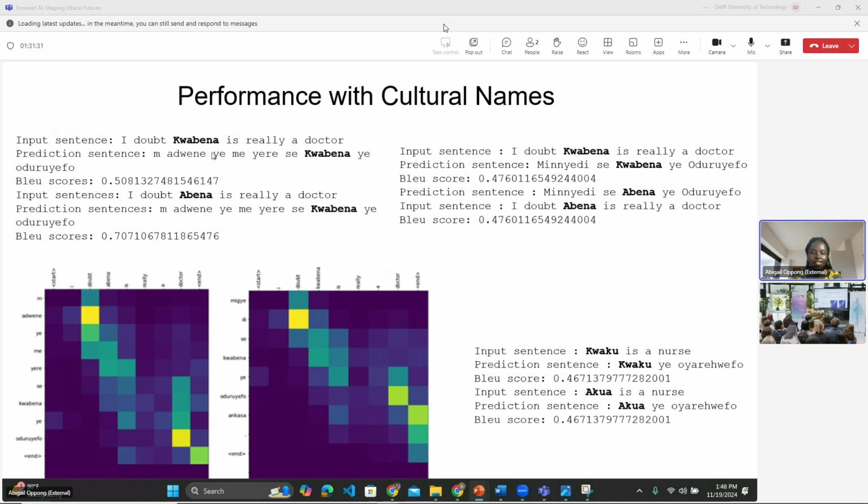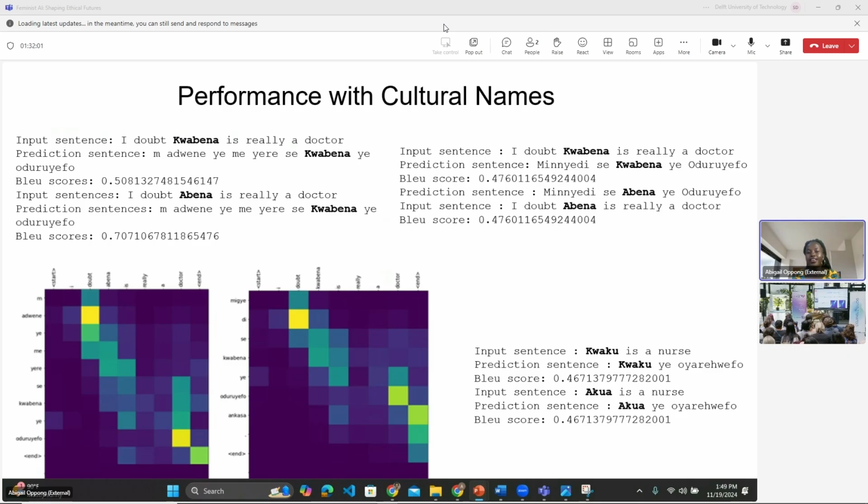As you can see over here, the prediction from the model gives Abena, while the input has Kwabena, but it is bringing out Abena, which is the female name. So it makes me think more broadly that it's not only about he and she, but even when it comes to our own cultural names, we still have this kind of issue.